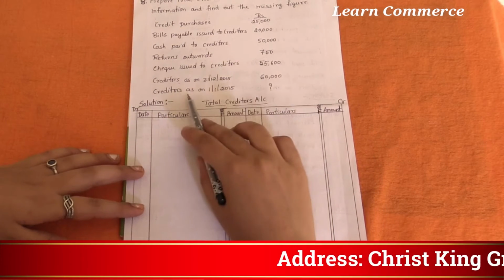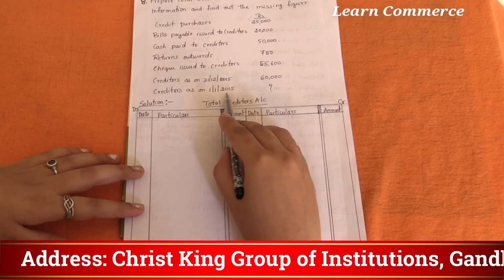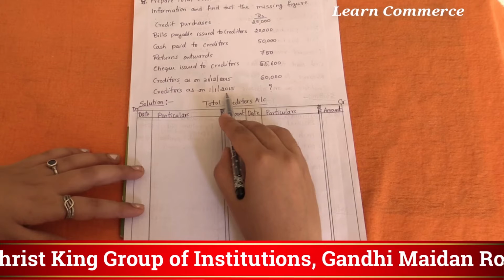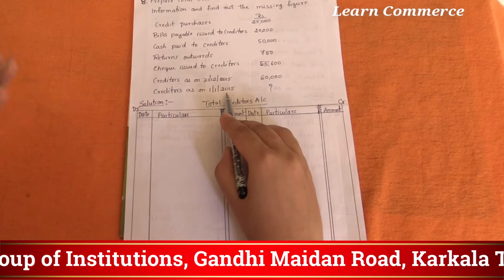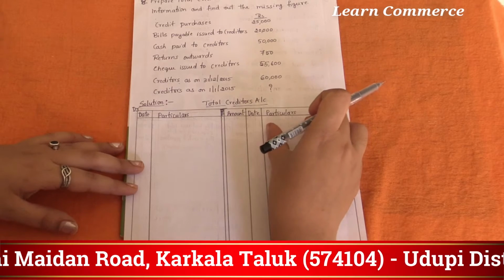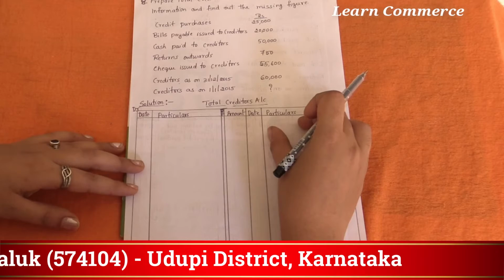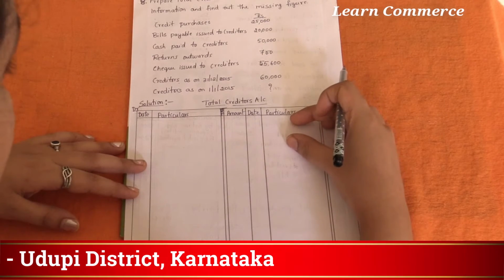Opening balance of the creditors is not given in the problem, but always the first entry should be opening balance. In the credit side we have to write the opening balance, but we don't know it, so leave some space here.